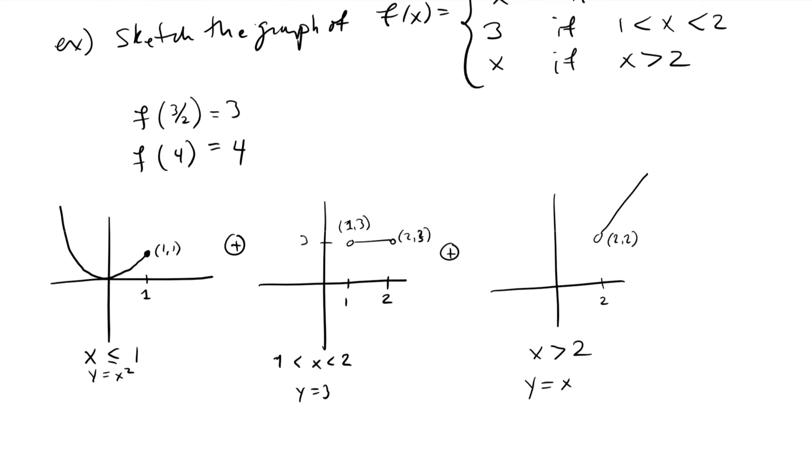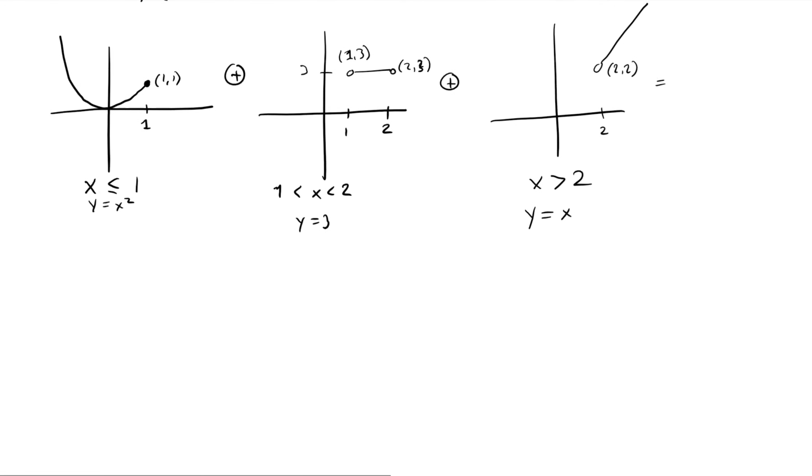And then we put everything together. We've got our parabola like that. It stops at (1, 1). Now (1, 3) is above it. You know what? I don't have enough space, let me graph it here. Like that.